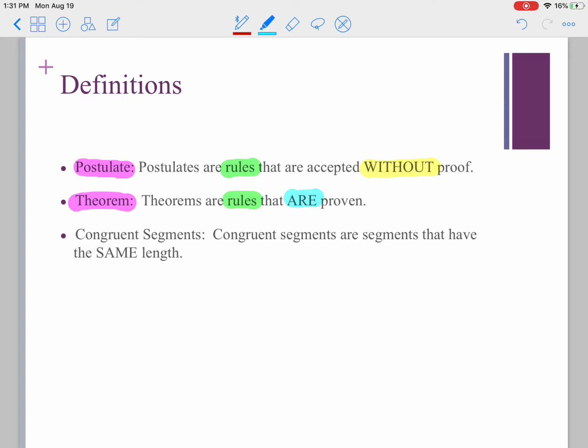Postulates, since we don't have to initially prove it, we can use that in the proof of other rules that we may be working with or other problems that we will be working with. So the two things you need to remember. With a postulate, you need to remember that it's a rule and it's without proof. And a theorem, it's also a rule, but it has to be proven.